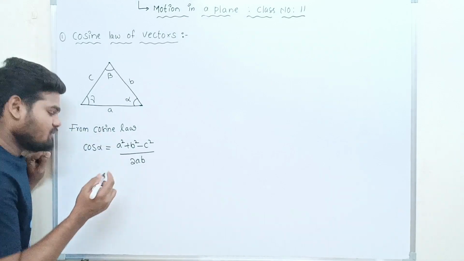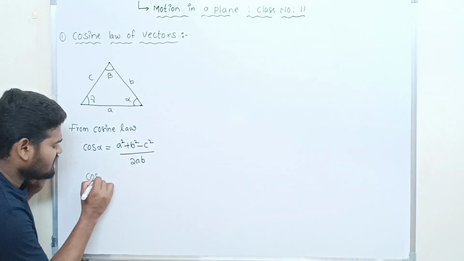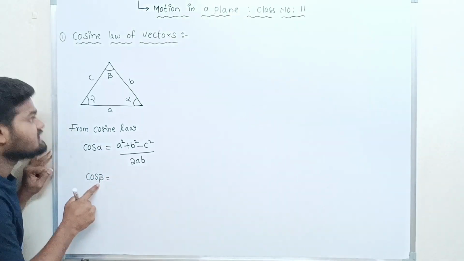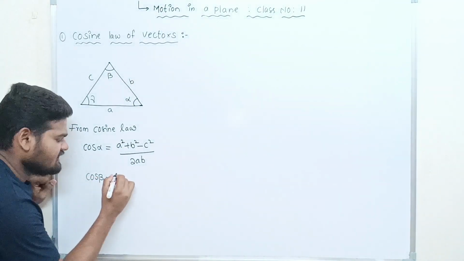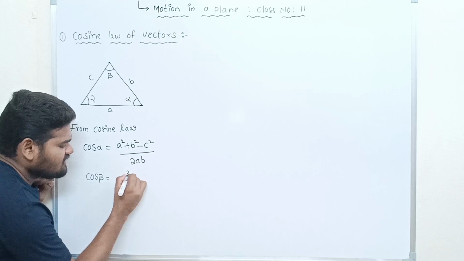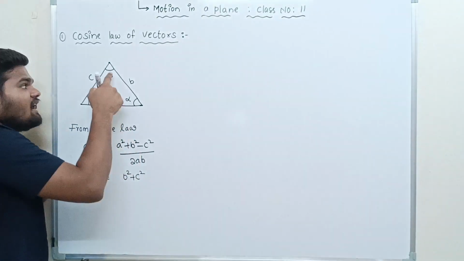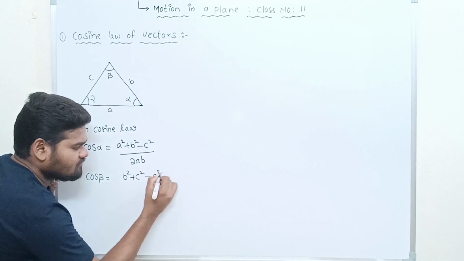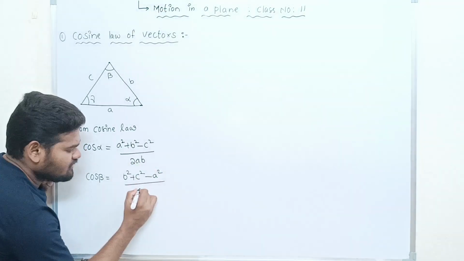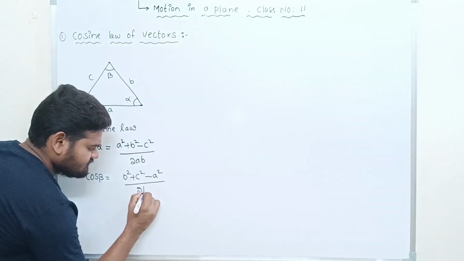Similarly, if you want to write the equation for cos beta, beta is the angle between sides c and b. Then you can write b square plus c square, minus the side opposite to beta, which is a square, divided by 2 into bc.